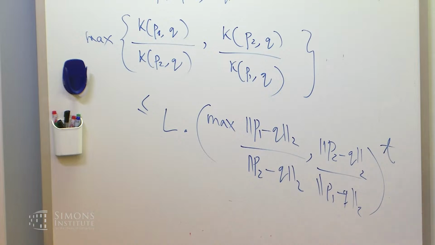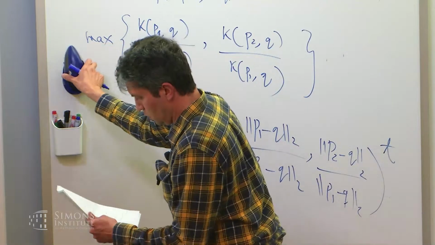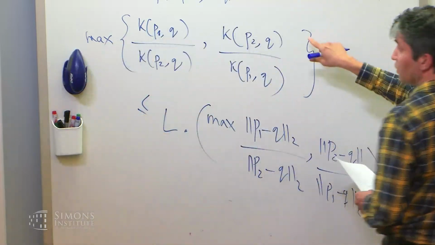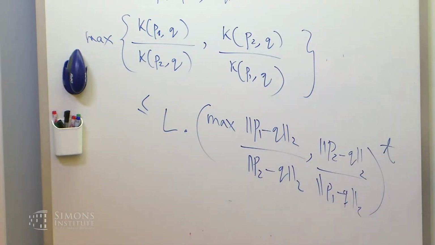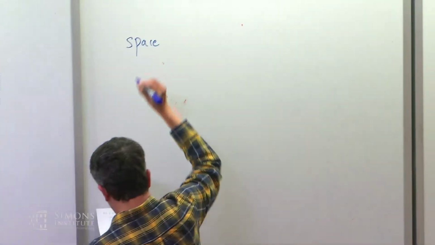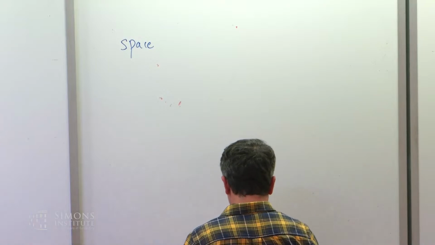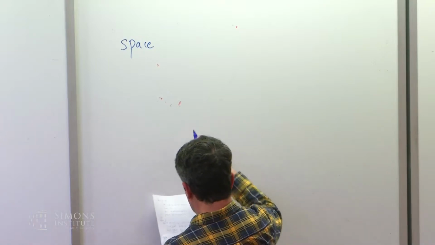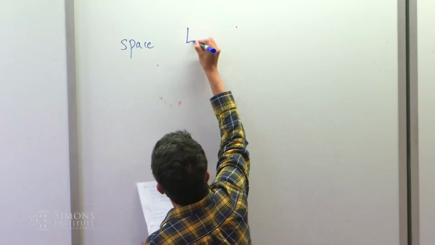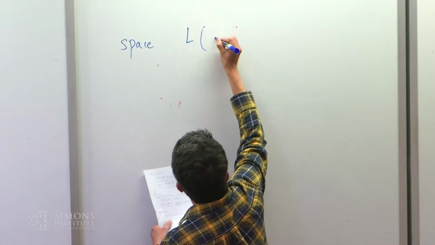Okay, so what's the main result? The main result that we are able to show is that for such kernels that have this kind of property, we can achieve space which is, it's a slightly ugly expression, let me write it down.